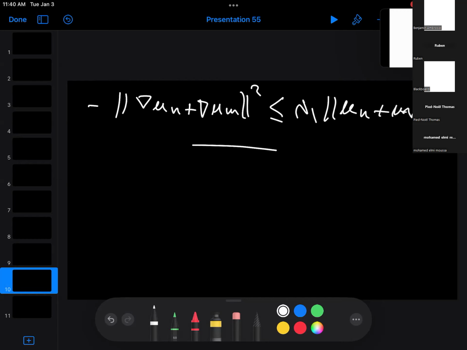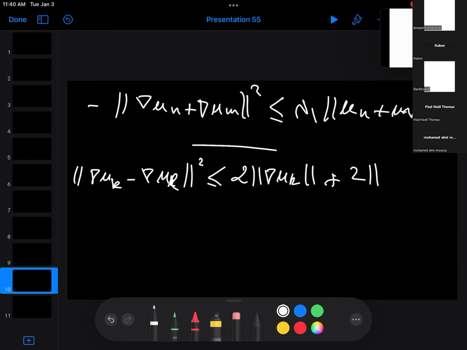So let's write the whole inequality. We have that grad UN minus grad, I changed the L and K by N and M, let's go back to the K and L, grad UK minus grad UL is less than 2 grad UK, so it's 2 grad UL to the square, minus lambda 1 UK plus UL square.